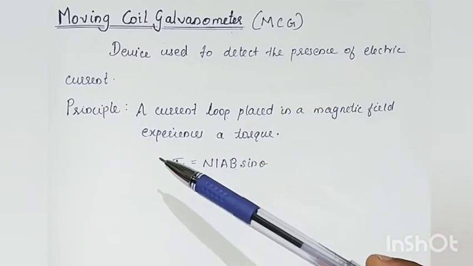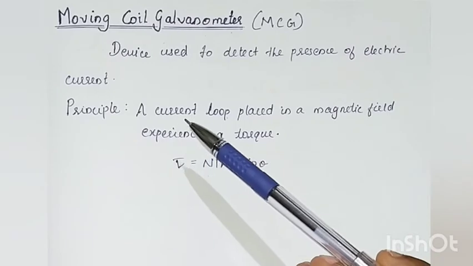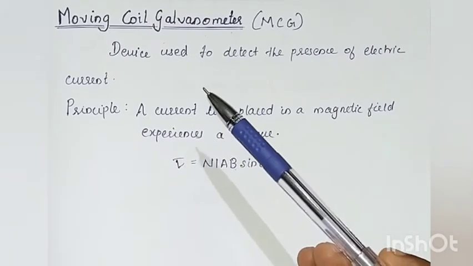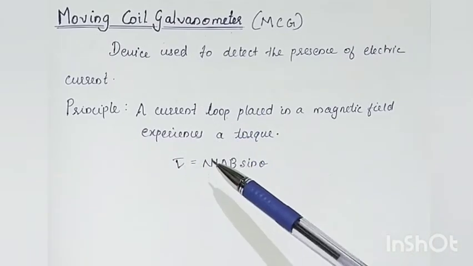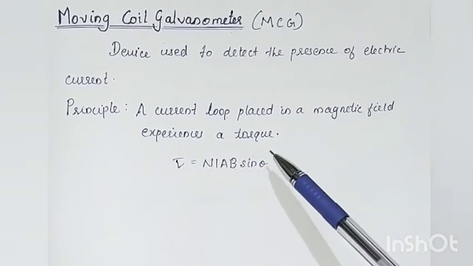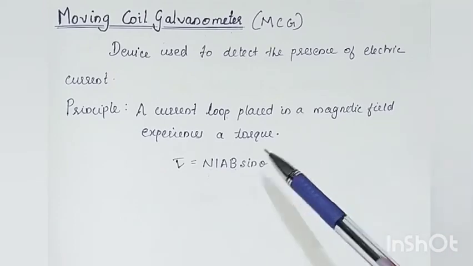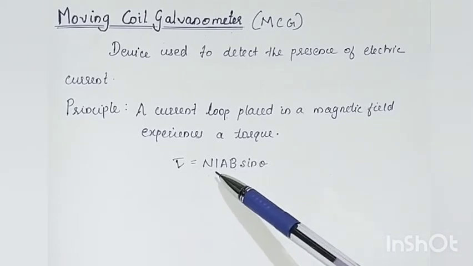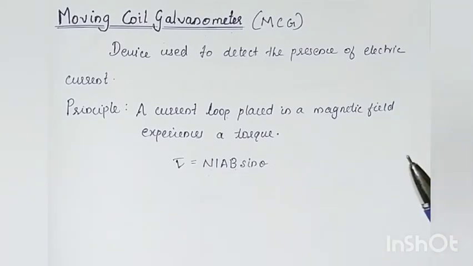Now the principle based on which a moving coil galvanometer works is the theory that we have already learned, that a current loop placed in a uniform magnetic field experiences a torque, which is given by the expression NIAB sin theta.